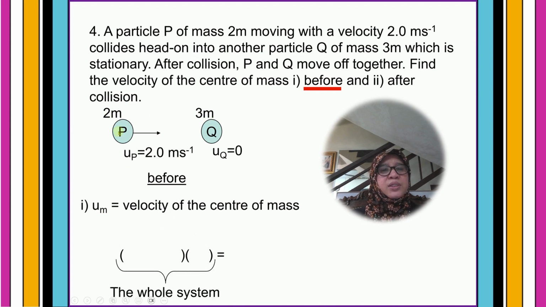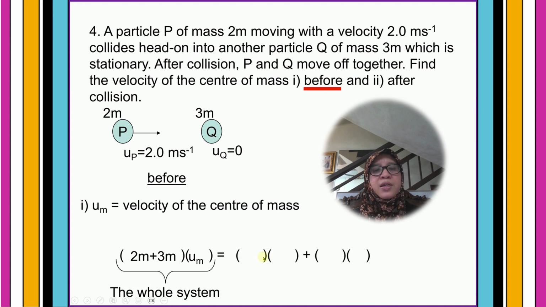So the whole system, 2m plus 3m, times the velocity of the center of mass, um. From the principle of conservation of momentum, this will be equal to the total momentum of each particle, P and then Q. So this one is the whole system.